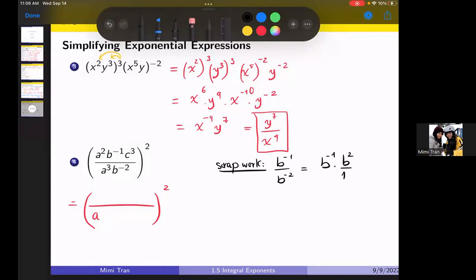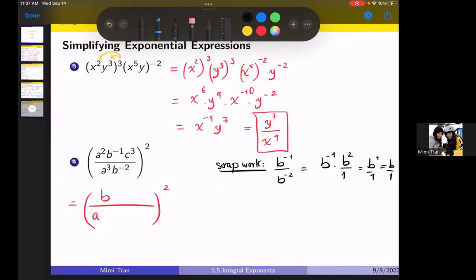First rule, same base, you add exponents. So yeah, just b. Right? Just b. So b on the top, because it's over 1.